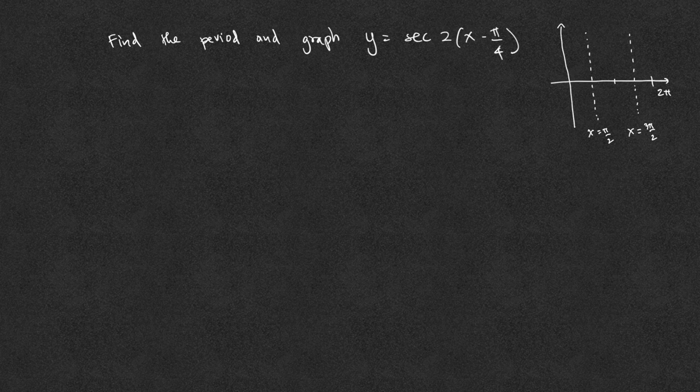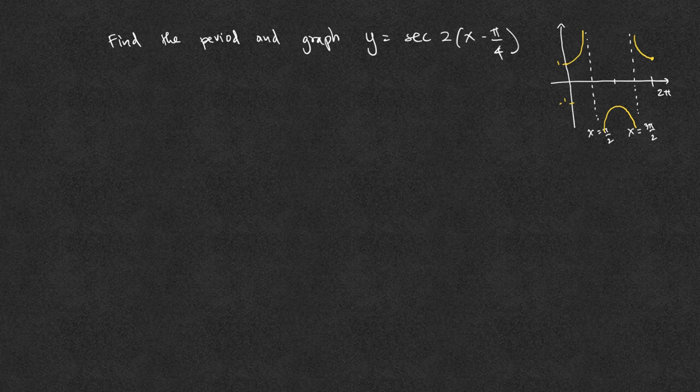The graph of secant lies above 1 in the first interval from 0 to pi over 2, and then below -1 from pi over 2 to 3 pi over 2, and then above 1 from 3 pi over 2 to 2 pi. When we graph the given function with these transformations, we have to keep this in mind.